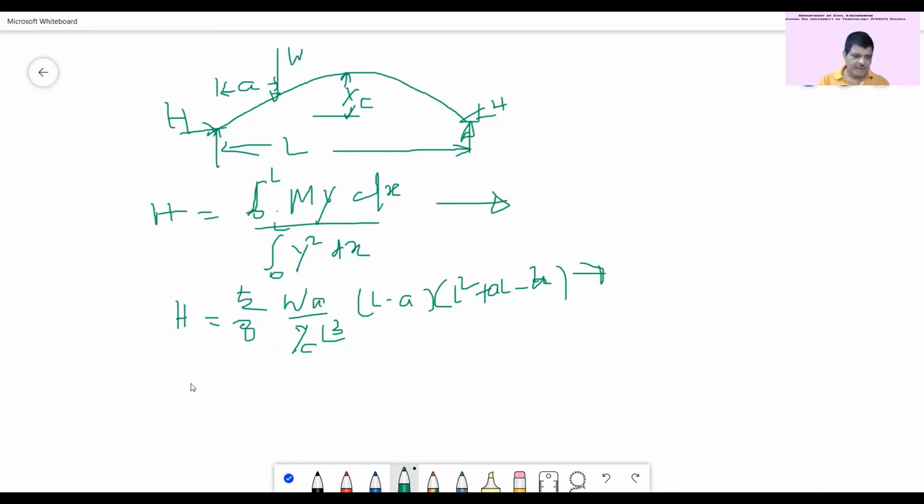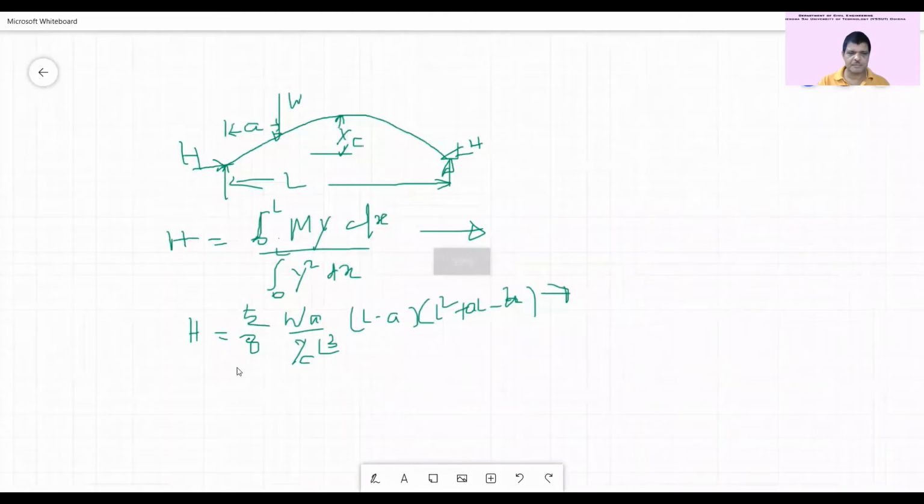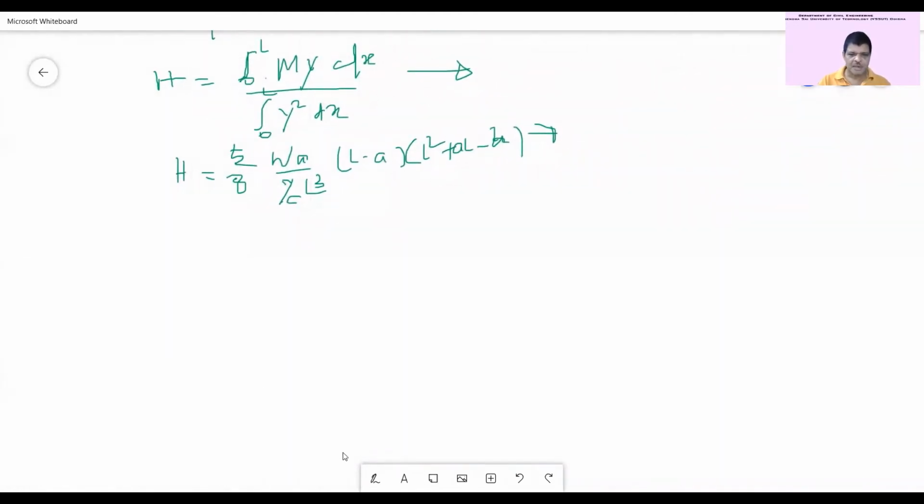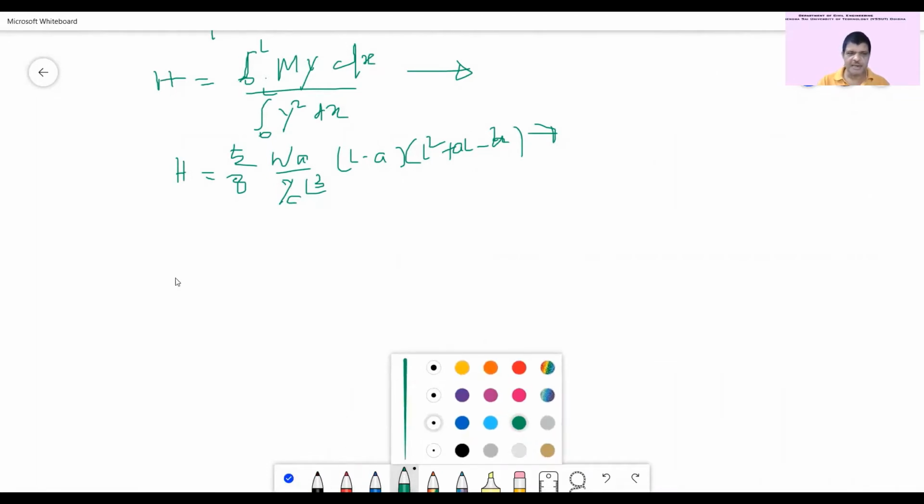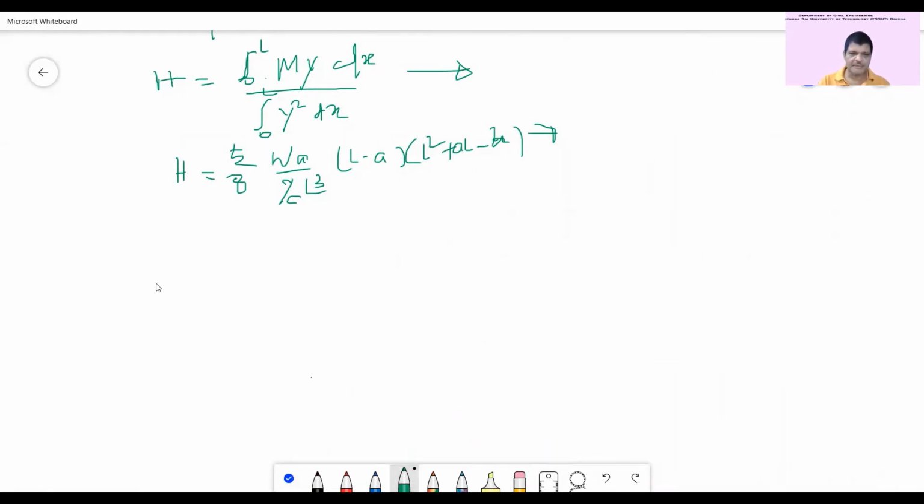Now, if this parabolic arch is subjected to UDL throughout the span, then what will be the value of H?